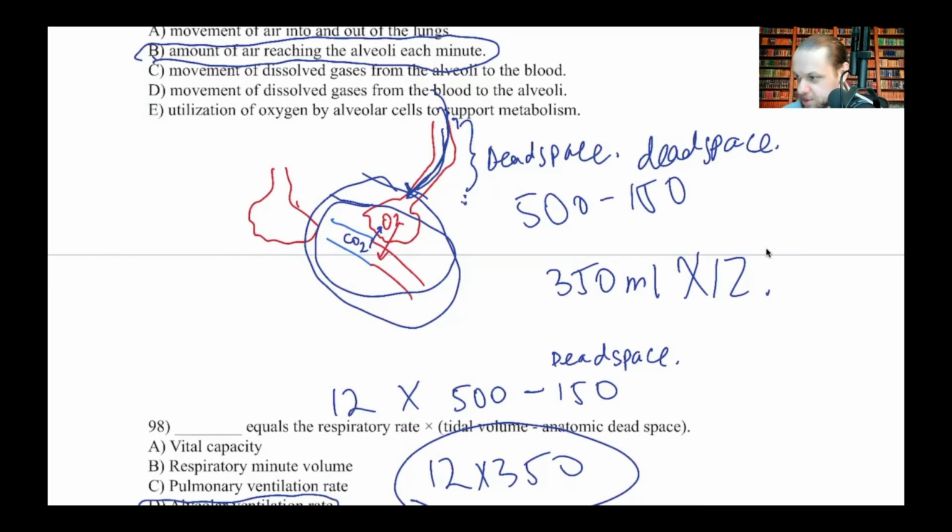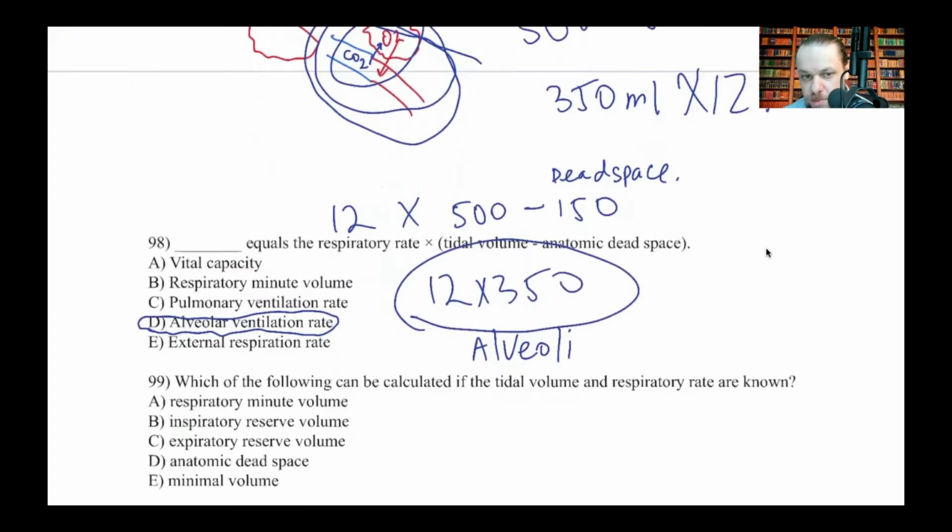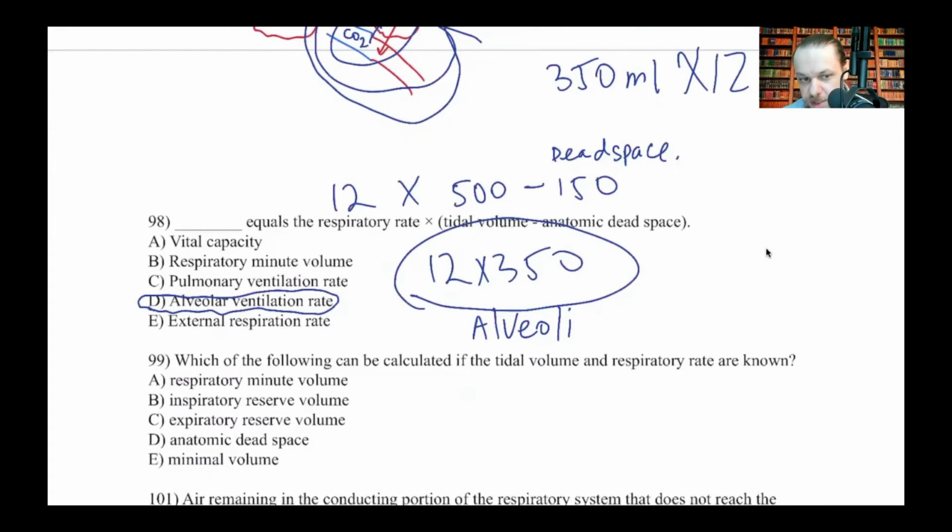I inhaled it. So this is the dead space air. And when we want to calculate it, we call it alveolar ventilatory rate. The way we do this is we take the tidal volume for the person, we subtract the amount of dead space, and we multiply it by how many respirations they take, right? 12 times 350, and that's your alveolar ventilation rate.